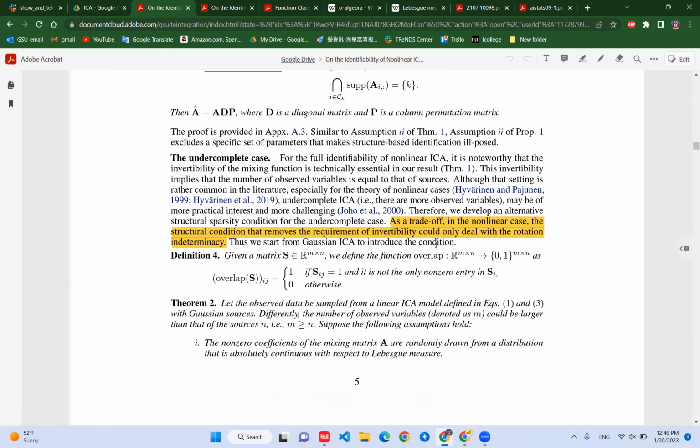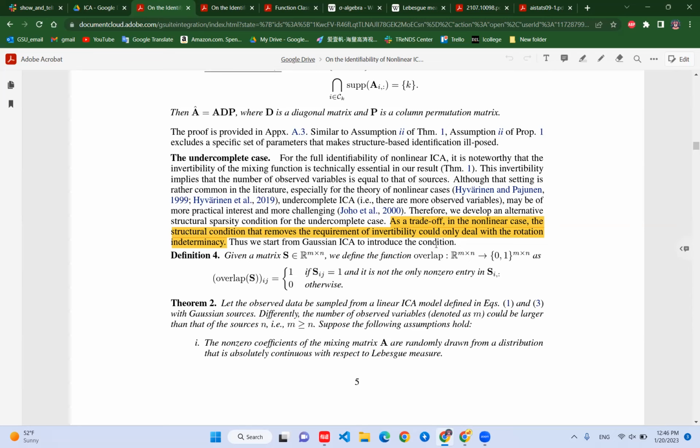So how do you interpret these words? Component-wise linear transformation, and again, what they mean by component. Well, I think what this is saying is that you still have residual linear dependence.